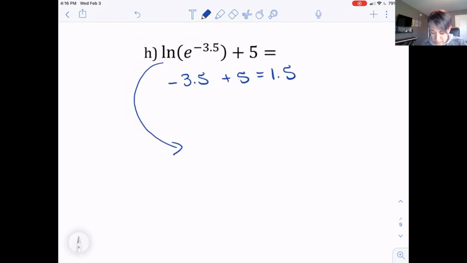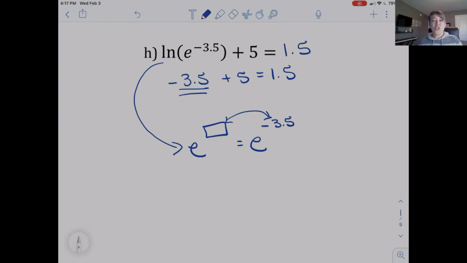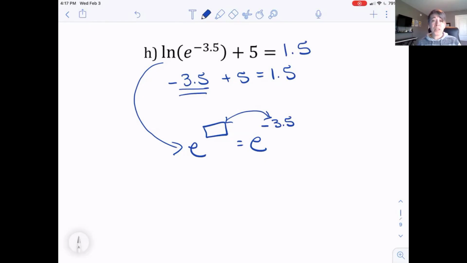That means e to what exponent would give us e to the negative 3.5. The base of the argument equals the base of the logarithm. So these two here should be the same. So that's why it just equals negative 3.5. So we get 1.5.